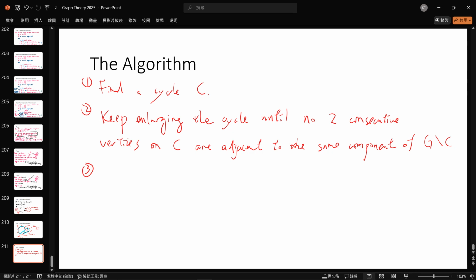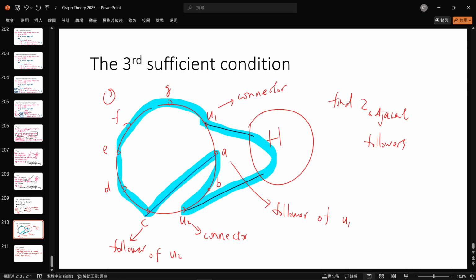Okay, so that's step 2. And step 3, we find a component of G minus C, and let's call this component H. And then we use this idea.